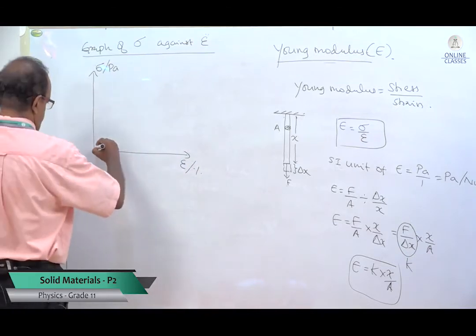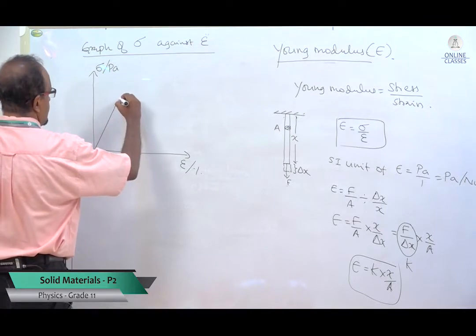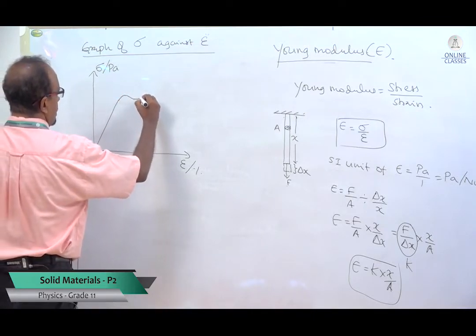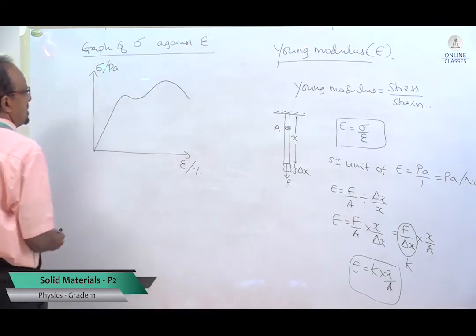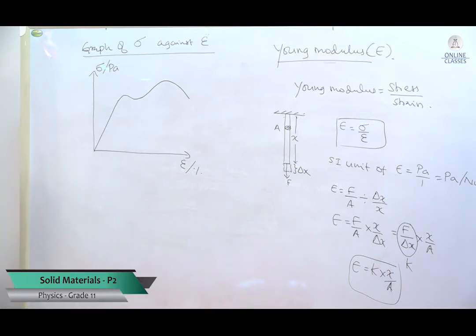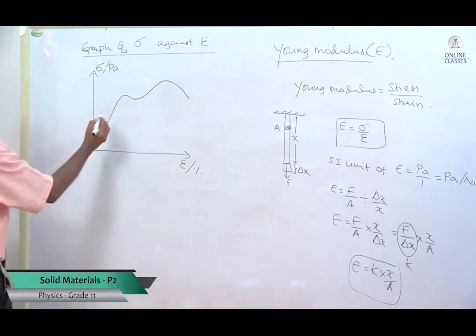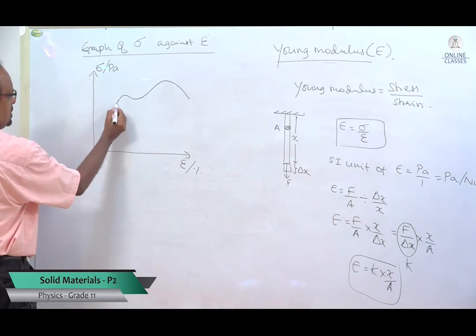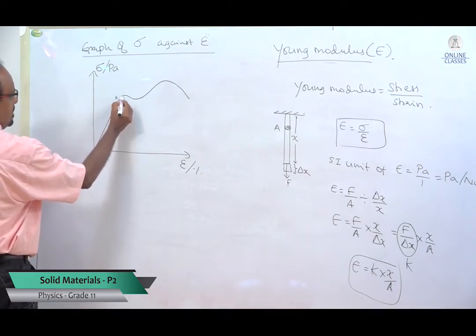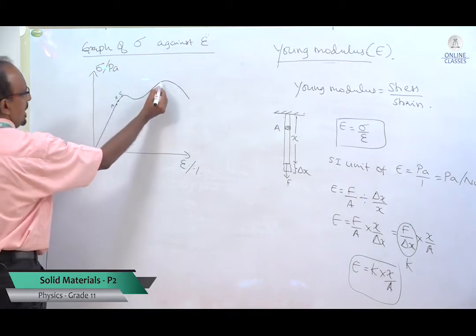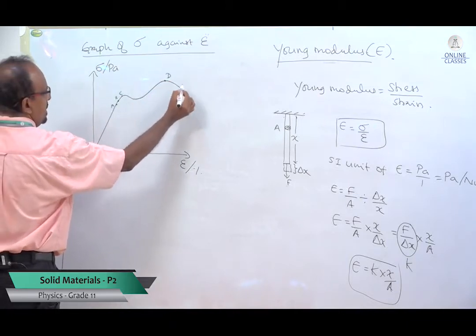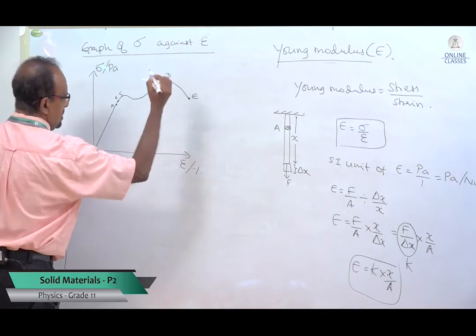So I will take a graph shape like this, just for this type of material. We will take 5 important points. I will take A, B, C, and then here D, and here E.